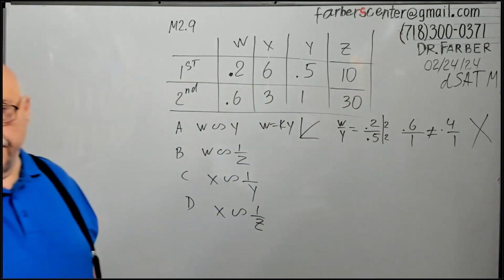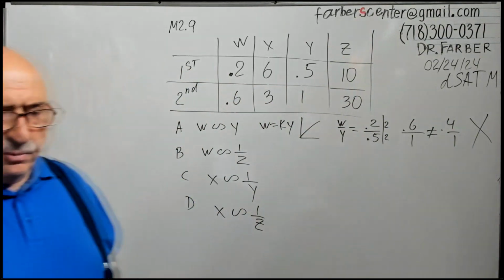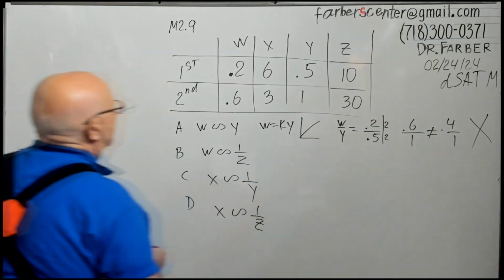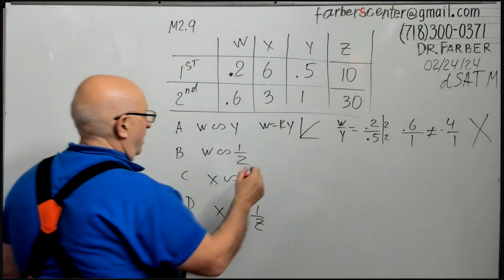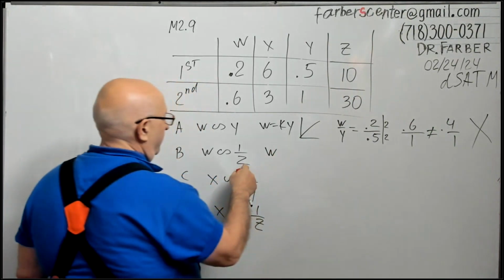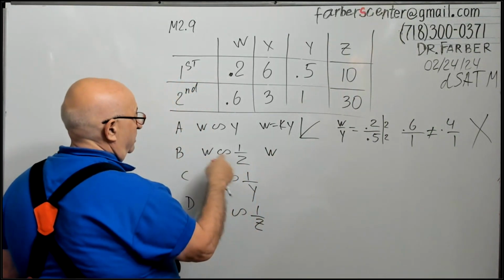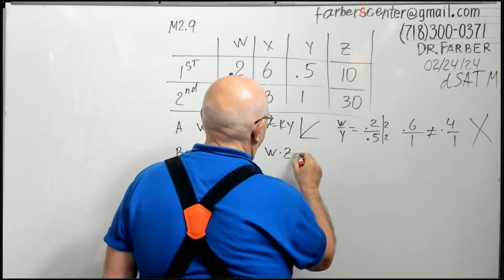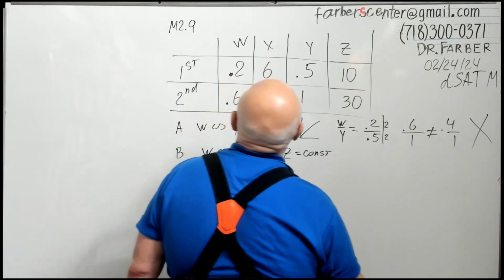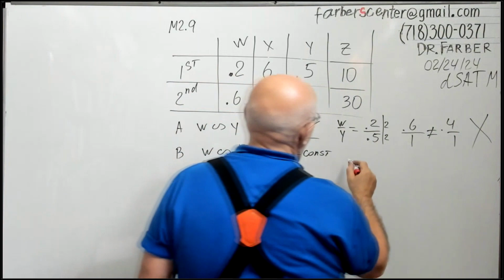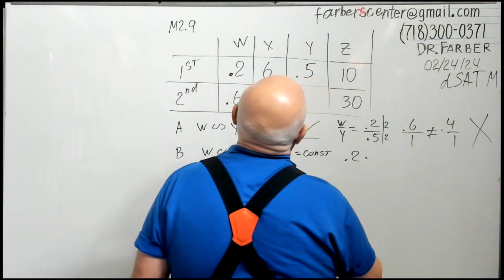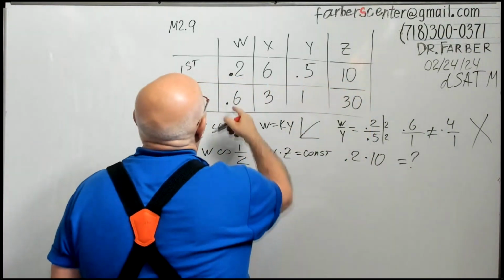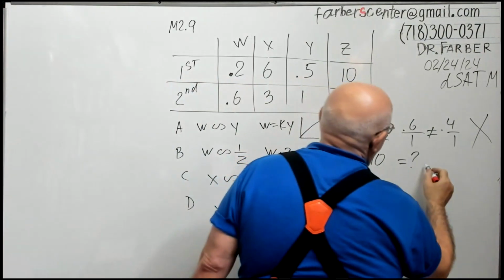Any question about this? What about inversely? In inverse proportion, the product of two terms is supposed to be constant. For instance, if I multiply both parts by Z, I get W times Z equals 1. Generally speaking, W times Z must be constant, the same. So is 0.2 times 10 equal to 0.6 times 30?